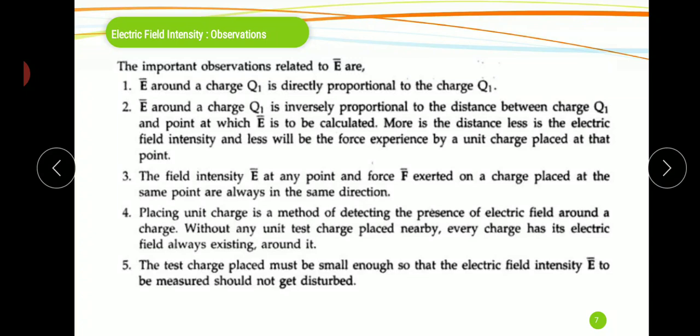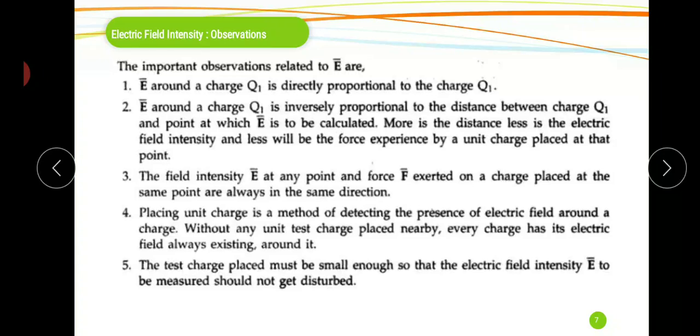And next point, placing a unit charge is a method of detecting the presence of an electric field around a charge and also the strength of the electric field. That means we can see what the electric field strength is around the charge, whether it is changing from point to point.